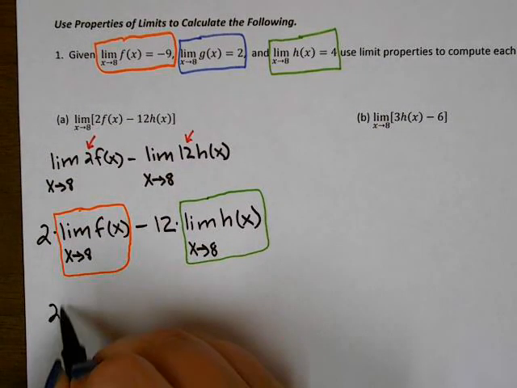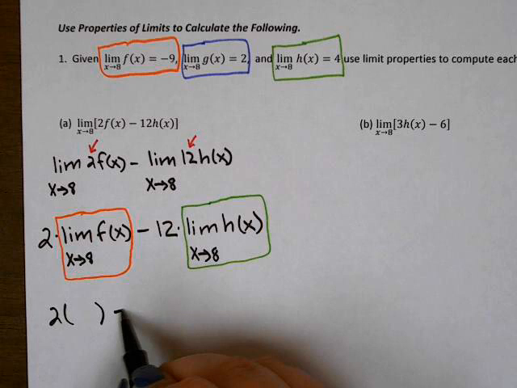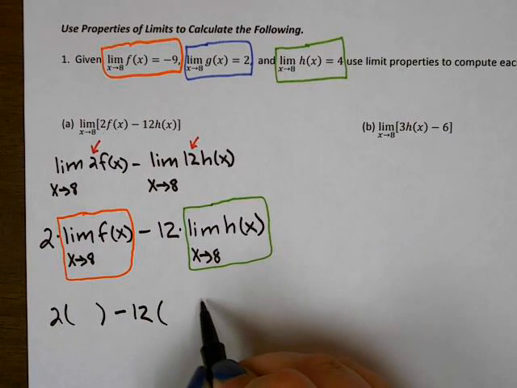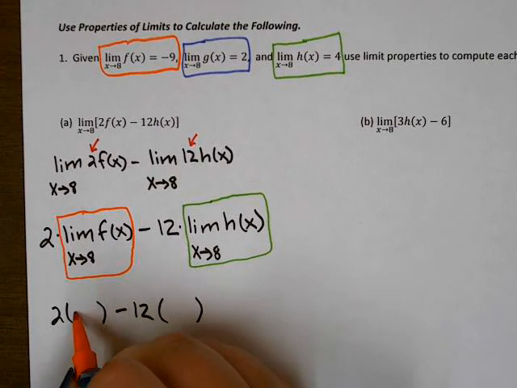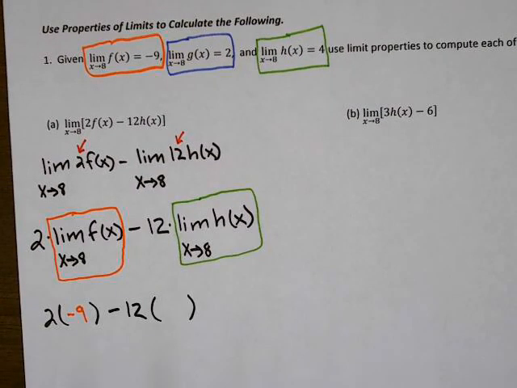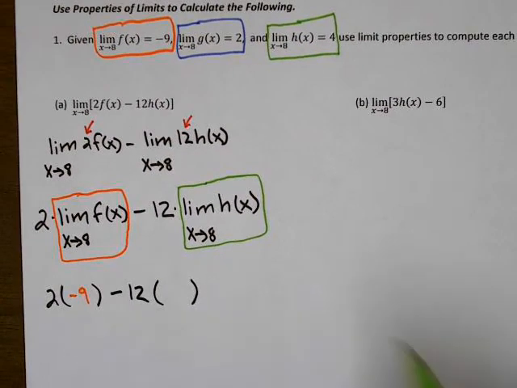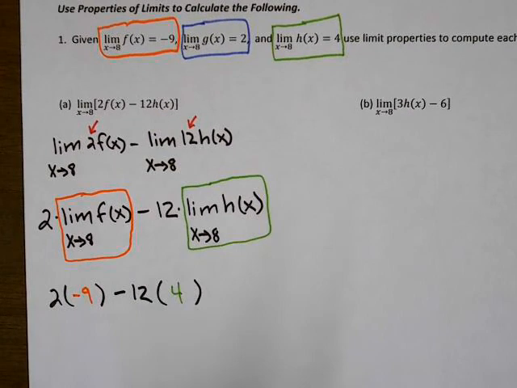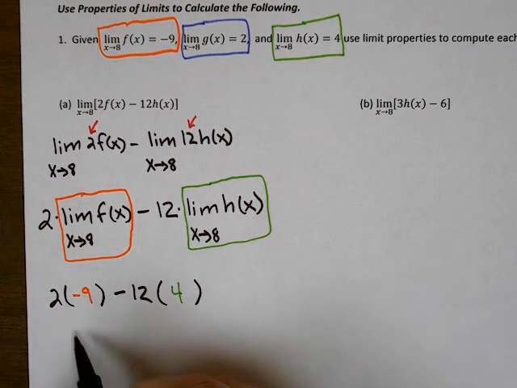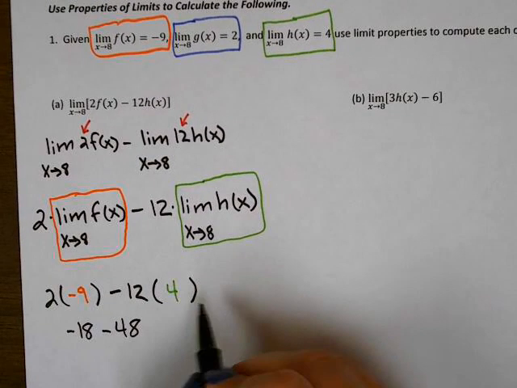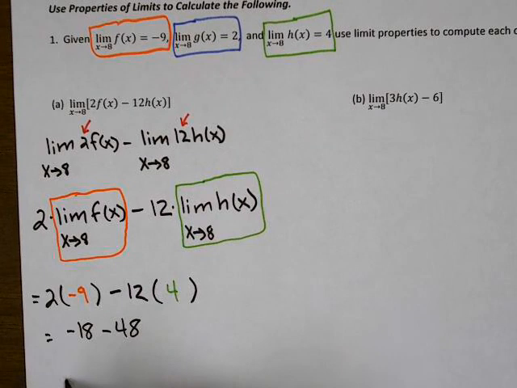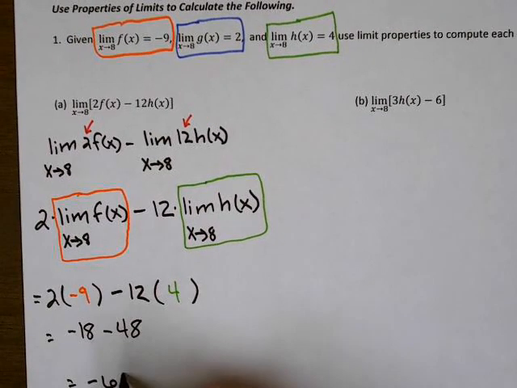So it's 2 times that limit minus 12 times whatever that limit is. All right, so the orange one is -9, and the limit for h of x is 4. And then we can actually simplify. So we get -18 minus 48. So we get that our overall limit is -66.